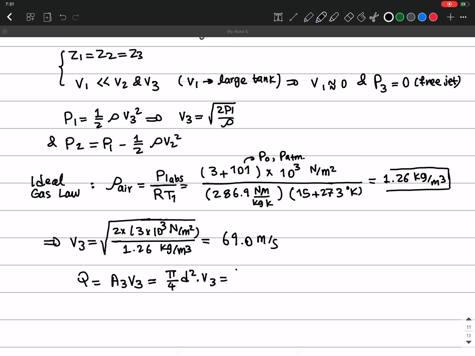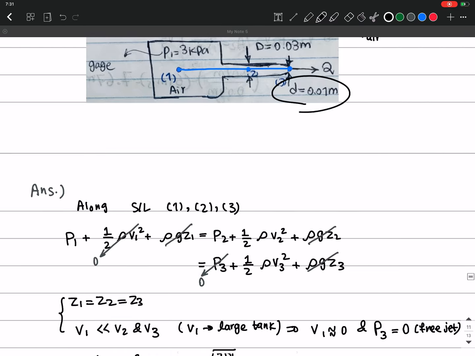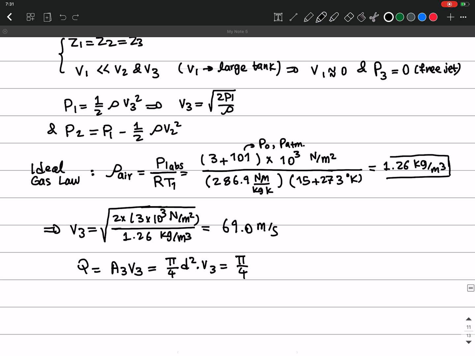That gives pi over 4 times D, which is 0.01 meter, squared, times V3, which is 69 meter per second. And this is going to give me 0.005442 meter cube per second.